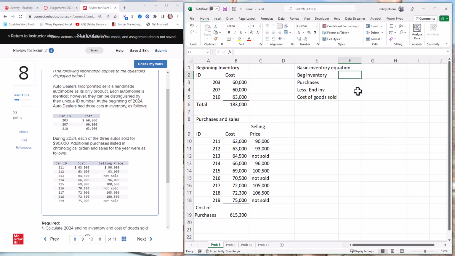So now I started to put in the basic inventory equation. Whichever problem we use, our beginning inventory is $183,000 and our purchases are $615,300.